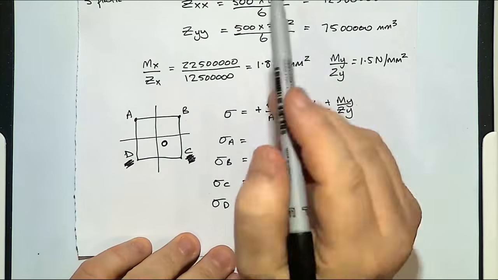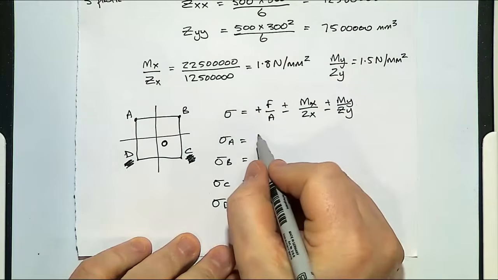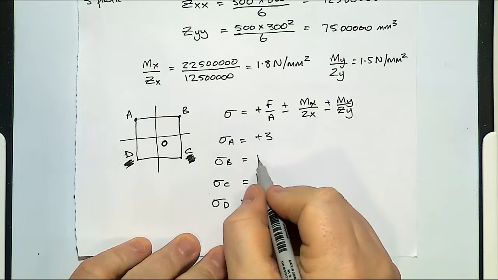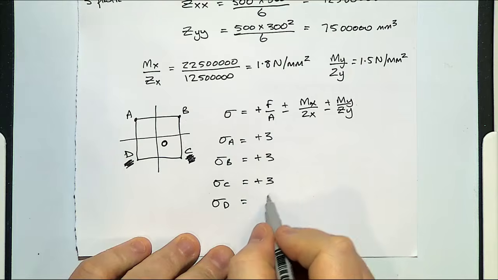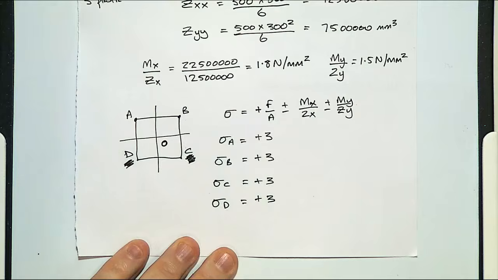So we've worked out that our F over A was 3. So we're saying that it's compression, so what we have is 3 being applied at each of A, B, C and D.